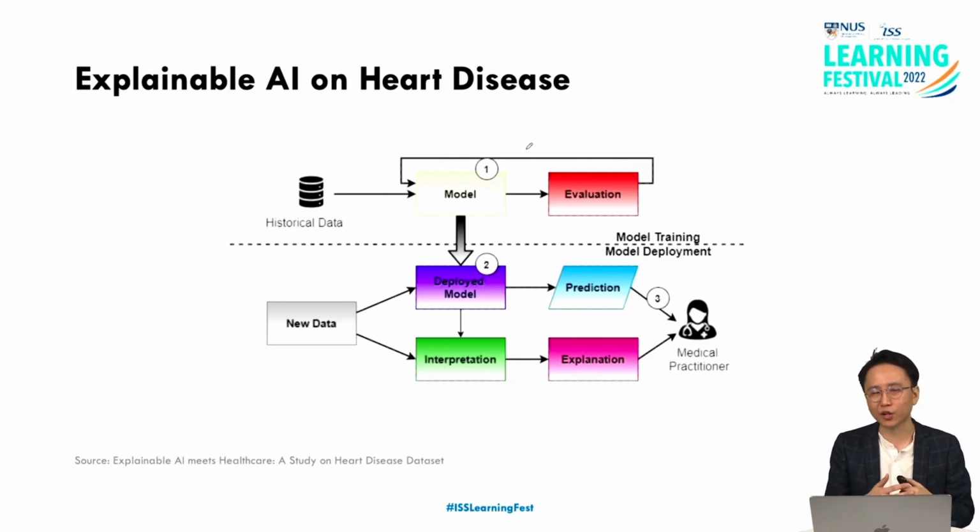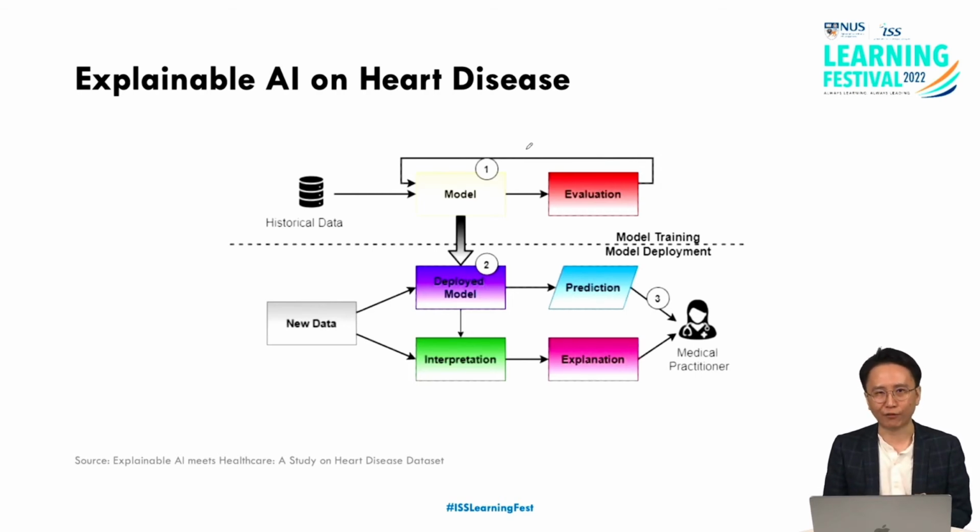XGBoost is a decision tree based machine learning algorithm based on a boosting framework. The model is trained and evaluated on a heart disease dataset from the UCI ML repository. This dataset originally contains 76 features, but in this study, only 13 features were used to make a simpler illustration.